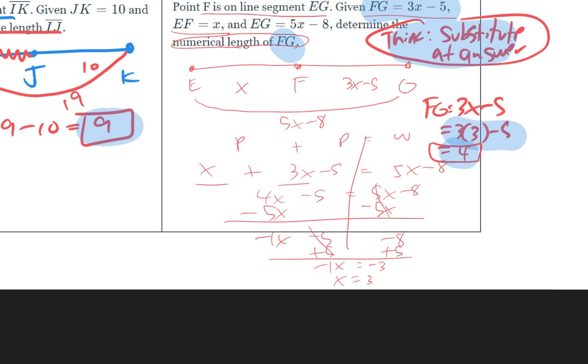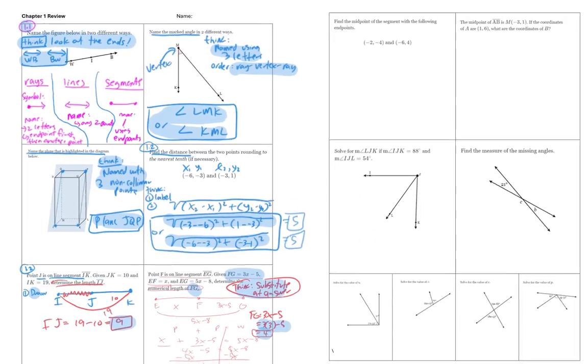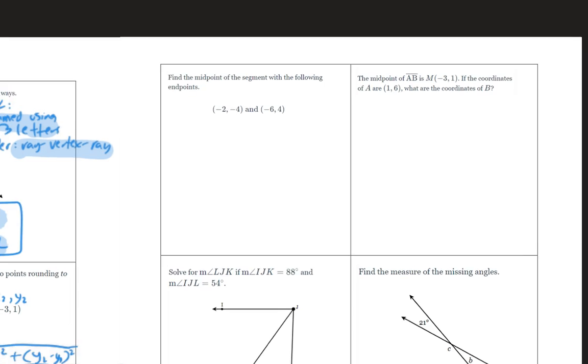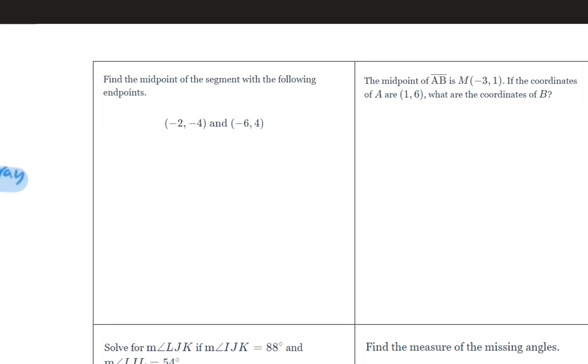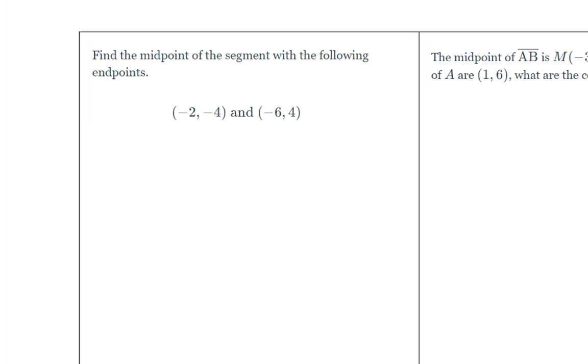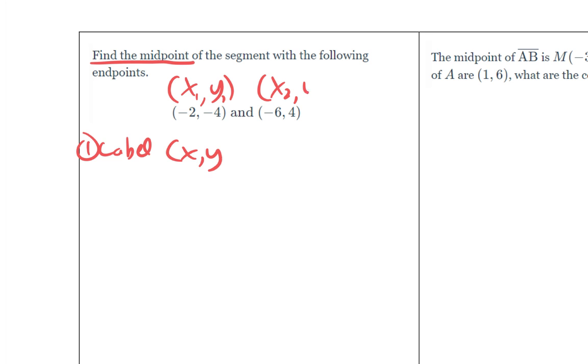All right, let's keep it moving. So those are going to be the first set of problems on the test. Same things, just different numbers. All right, next one, midpoint formula. On this one, a key word is midpoint. The first thing we're going to do is label x and y. That's x1, y1, and that's x2, y2.